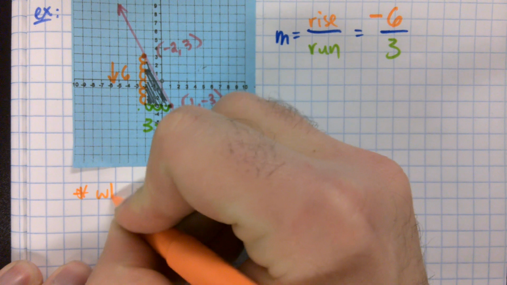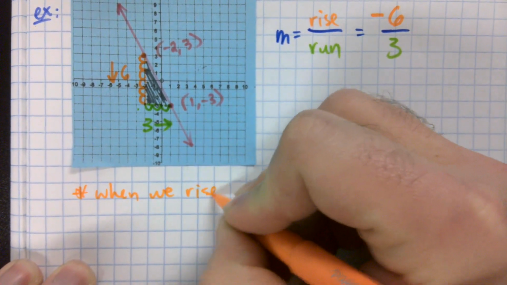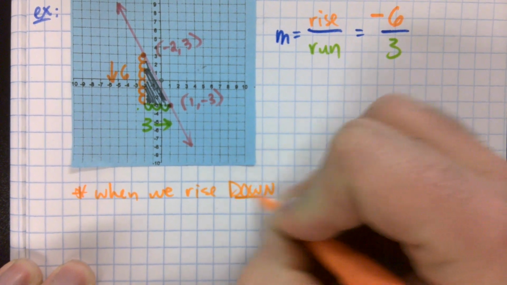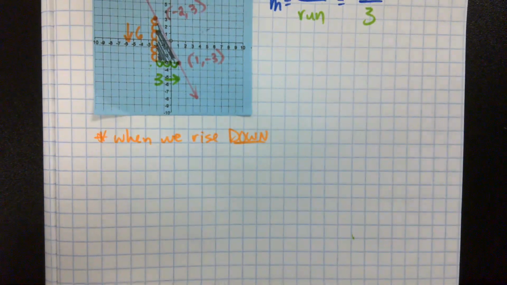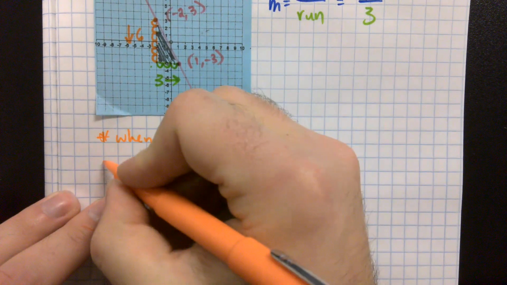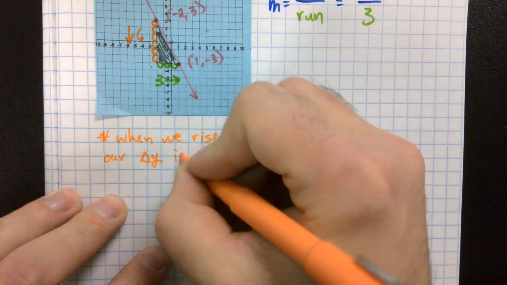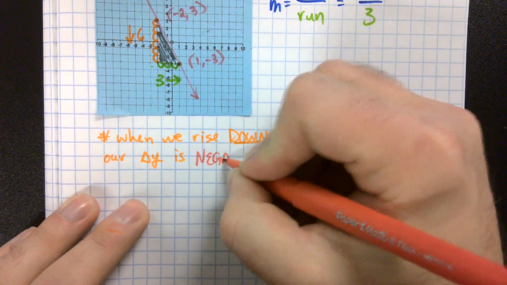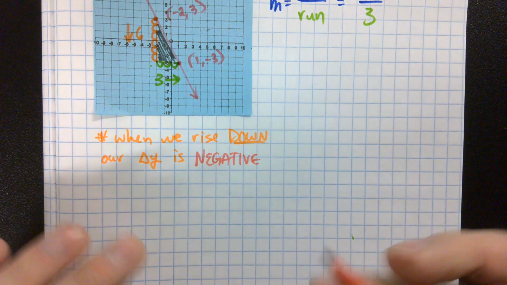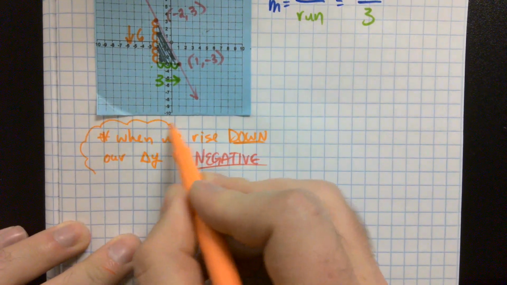So we're going to add in here, when we rise down. I know it sounds ironic for us to rise down, because rise typically means we're going up. But when we change our y in a downward direction, our delta y, or our change in y, is going to be negative. We're going to cloud that up so we don't forget.